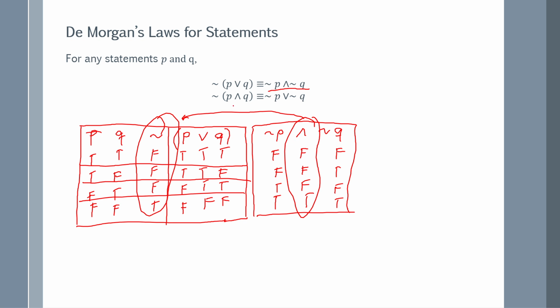Let us prove this other one: the negation of P conjunction of Q. First, we need to have the statement P: true, true, false, false, and Q: true, false, true, false. The conjunction is therefore true, false, false, false, because if one of the statements is false, the answer is false.